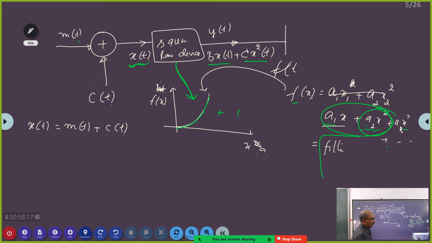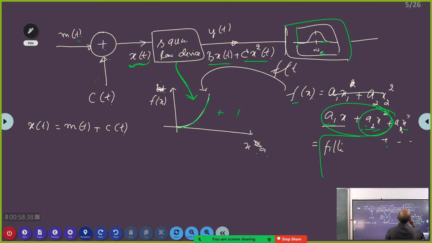Then you see, they have written here band pass filter centered at omega c. This is the band pass filter. Correct? So what will you get at the output here?